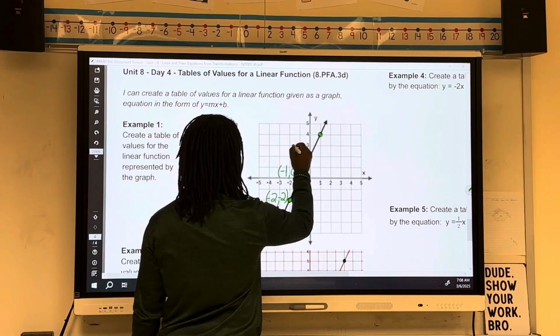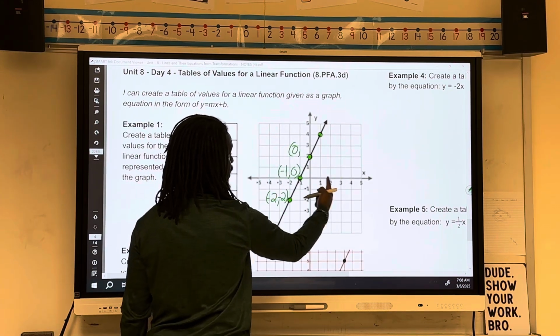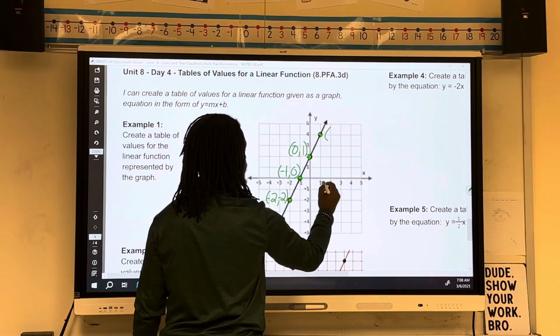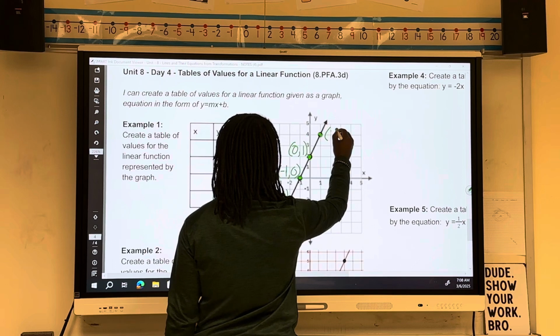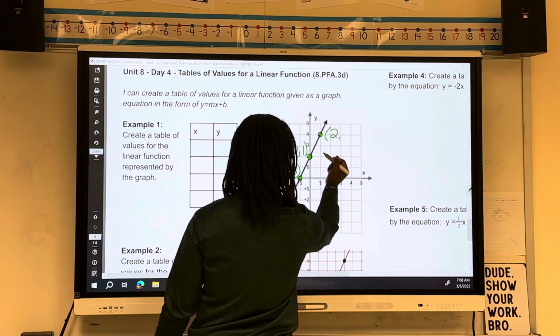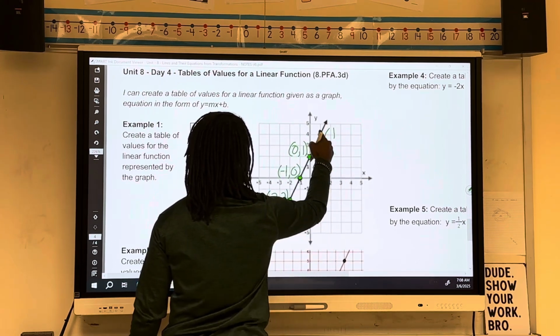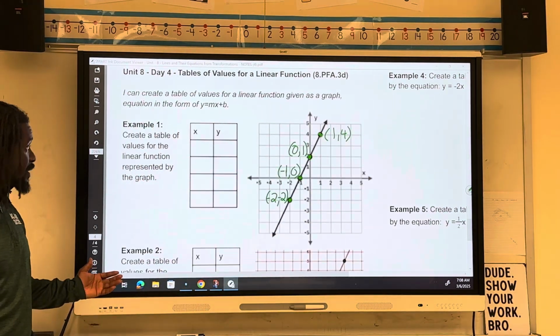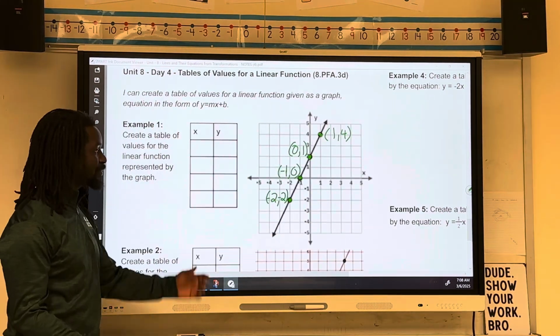For this one, we're not moving left or right along the x-axis, then we're moving up 1. And then for this last one, we're going over 1, and then we're going up 4, okay?